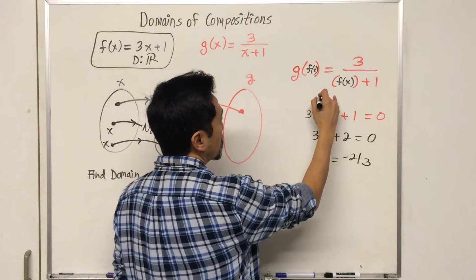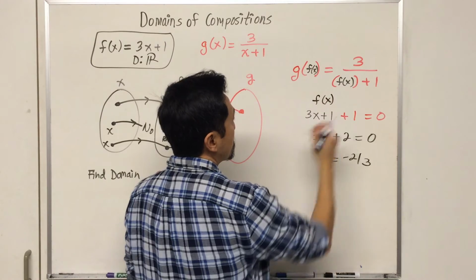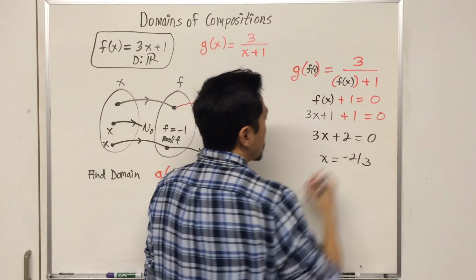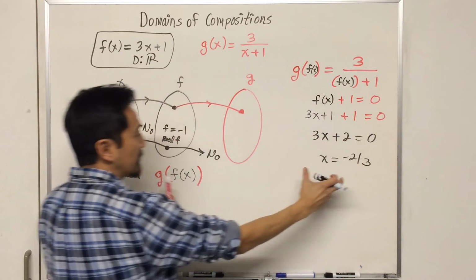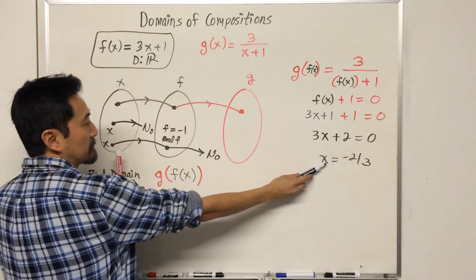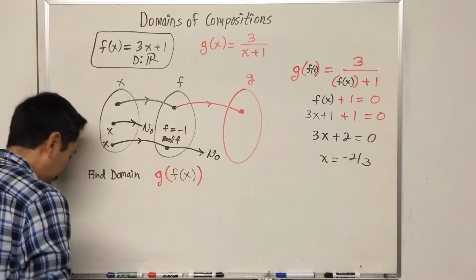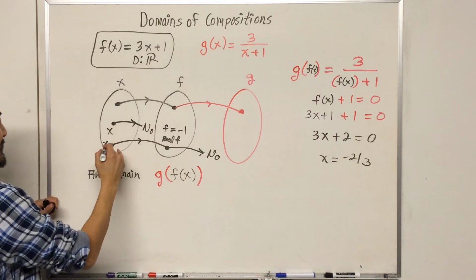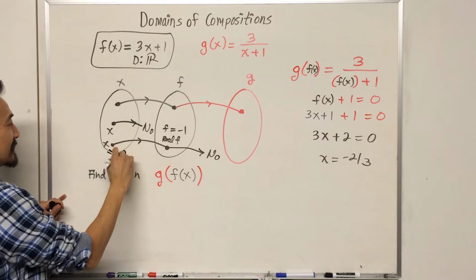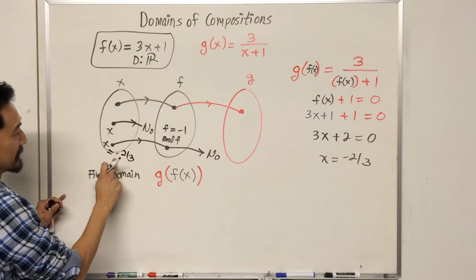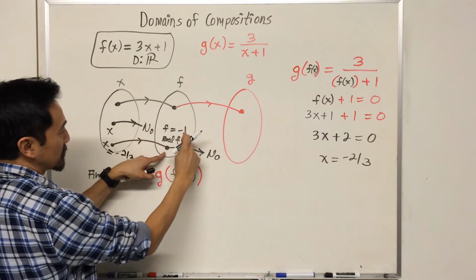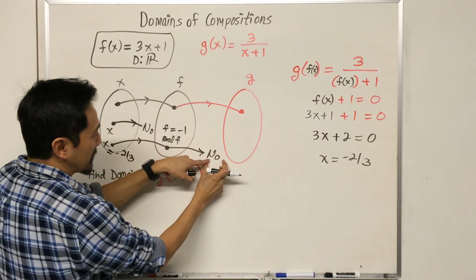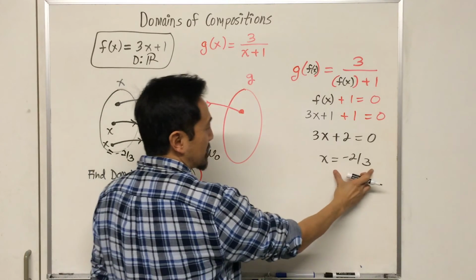Okay, so read this backwards now. When x is this number here in black, okay, oops, I just lost my pen. When x is -2/3 here in black, it will produce an f value which is equal to -1, which will then make the g undefined. That's what this says.